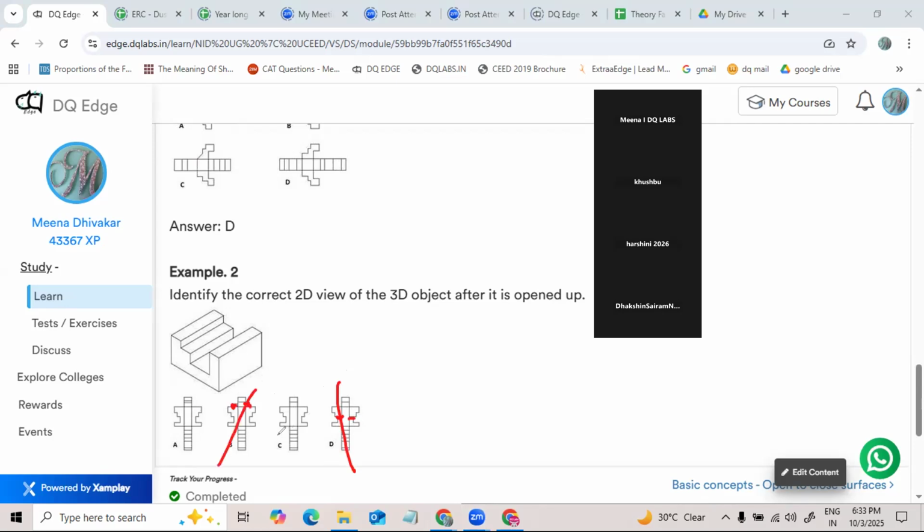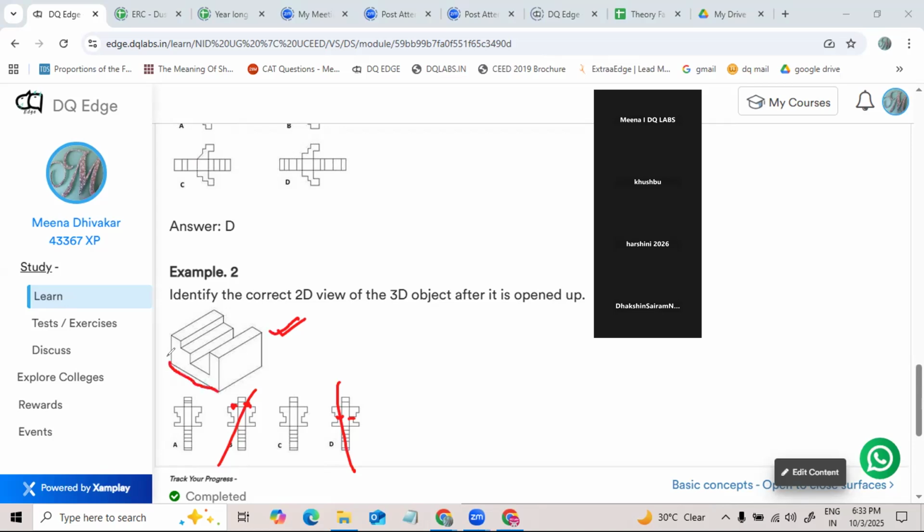Between A and C, I need to come to a conclusion now. So, number of surfaces. How many surfaces are there in your actual picture? Ma'am, is it 11? Okay, let me check.